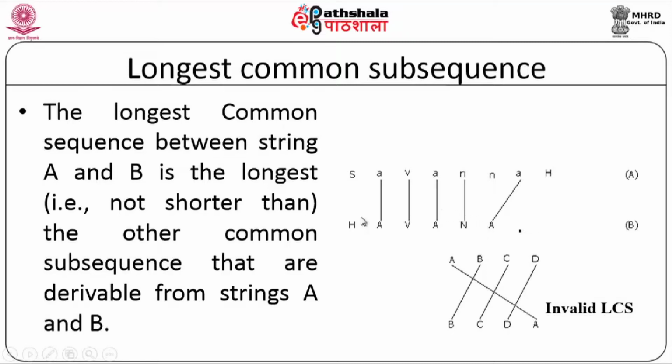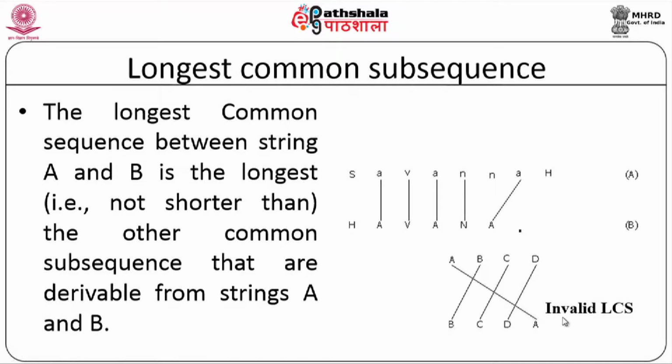You can see that the order is maintained and there is no overlapping. For example, in this particular example there is a match between A and A, but it is out of order. In layman's terms, there is a crossing of the relation, therefore this is not a valid LCS.